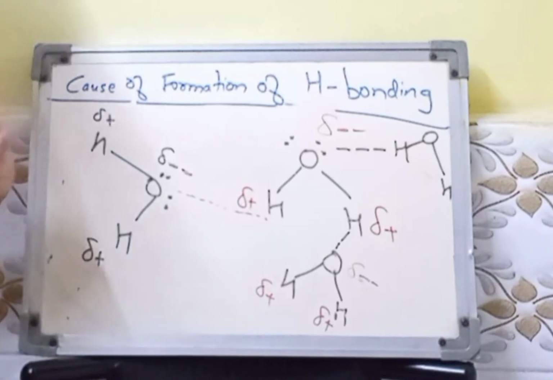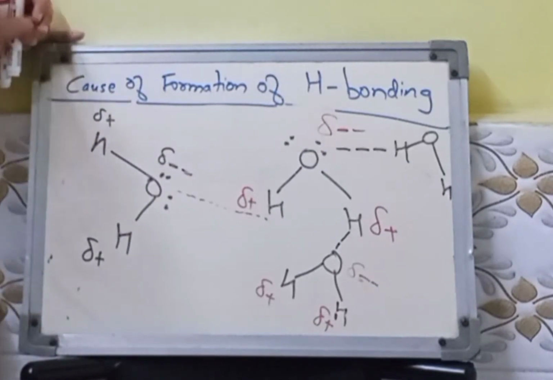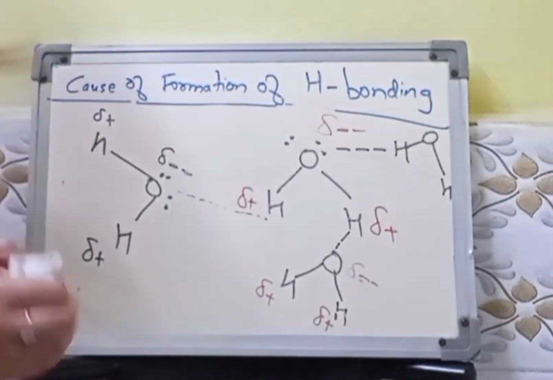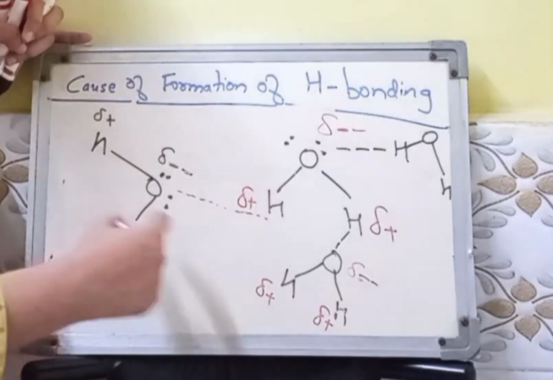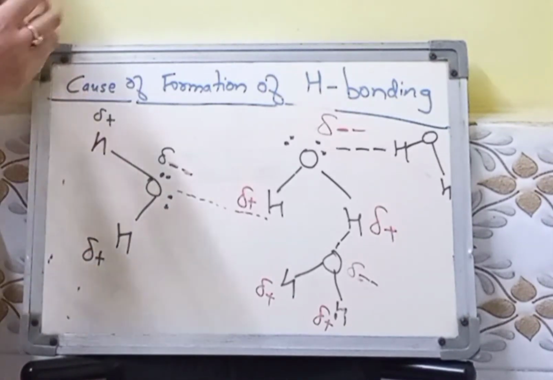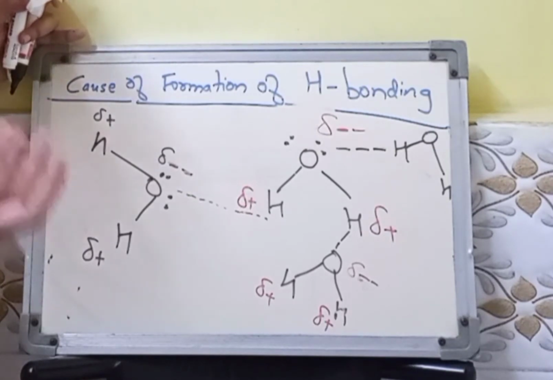So how many hydrogen bonds can be formed by your water molecule? That's your homework. You will have to let me know. A single water molecule can form how many hydrogen bonds? As you can see, there is a lot of bonding between the molecules of water. This holds your water molecules together, and that is why water exists as liquid.